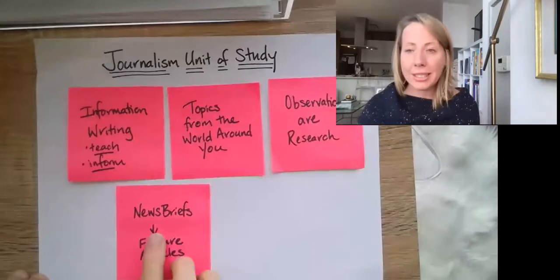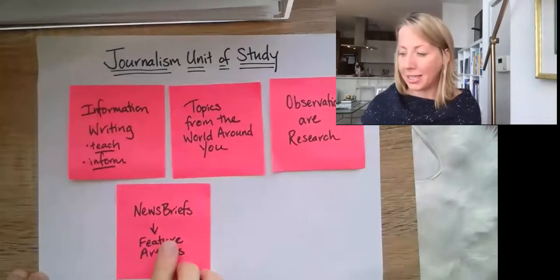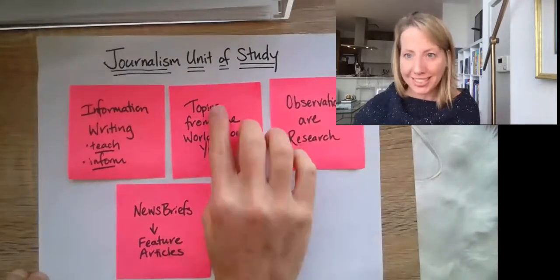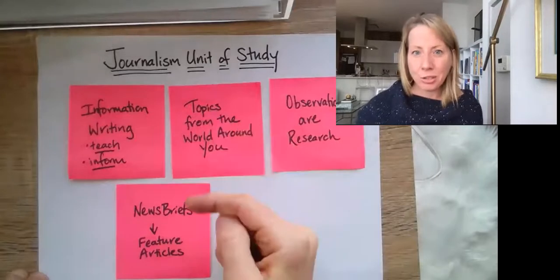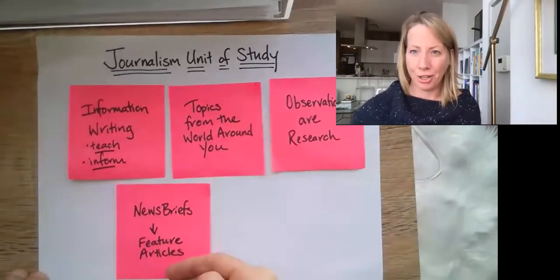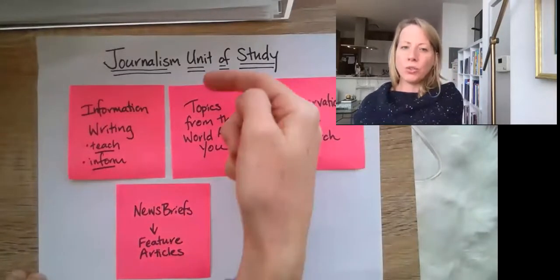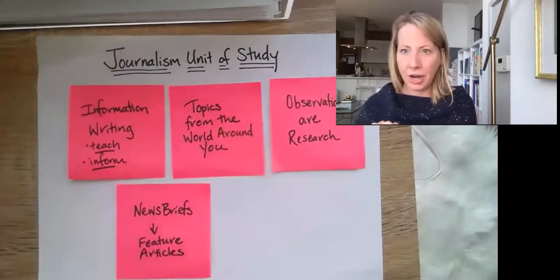There are some really nice mentor texts that have been collected around different topics, where we have found a news brief on a topic and a feature article on that same topic, so students can do some comparing and contrasting work.